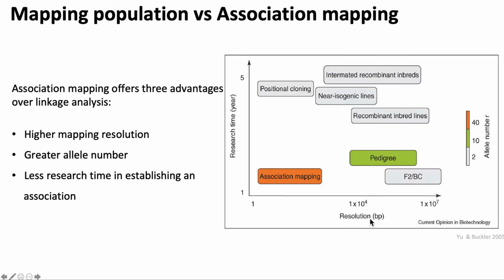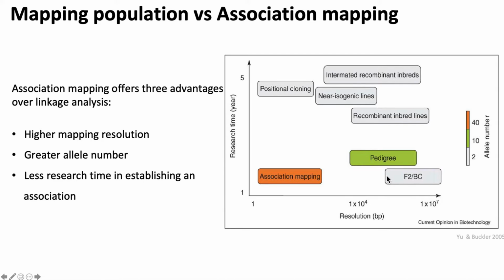The resolution in base pairs in association mapping is low, which is good, because the genomic region is going to be smaller when we identify a marker that is associated with the phenotype. And in biparental populations like F2s or backcrosses, you can see that the genomic regions are going to be bigger if you compare with association mapping.